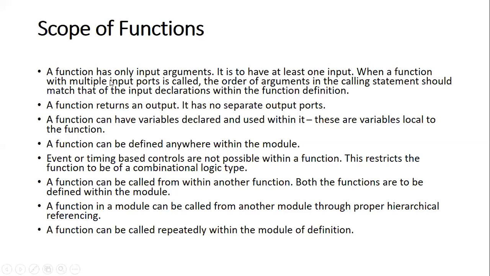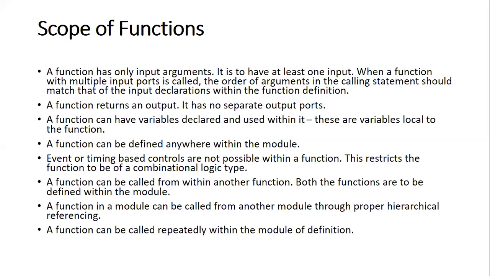When a function with multiple input ports is called, the order of the arguments in the calling function should match the order of the arguments in the called function. Similar to what we did in instantiation, when we declared the module and defined the inputs and outputs A, B, C, and instantiated it in the gate level model, we spoke about order matching, port matching.